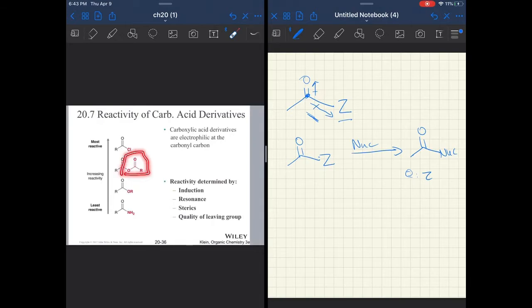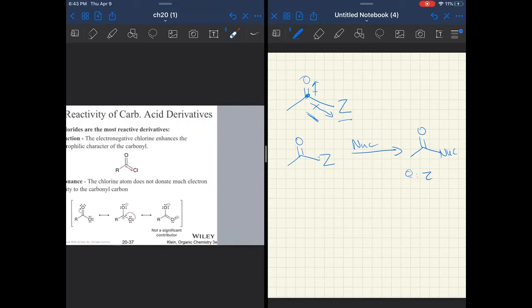This is a good leaving group because it will be resonance stabilized. OR and NH2 are much less stable. We know that an alkoxide and an amide are actually fairly strong bases, and so they're not as stable when they leave, which contributes to them not being as reactive.